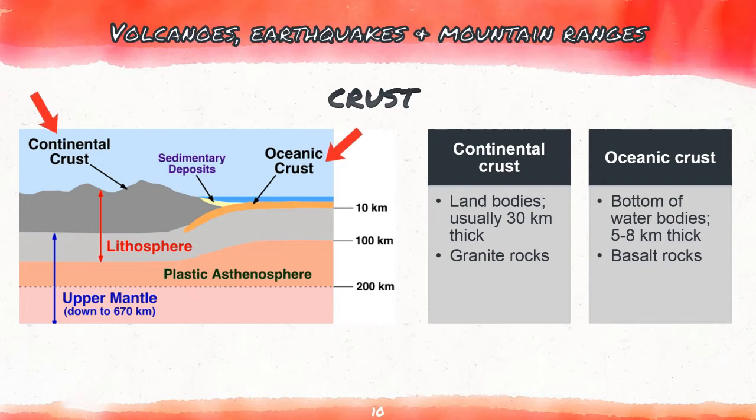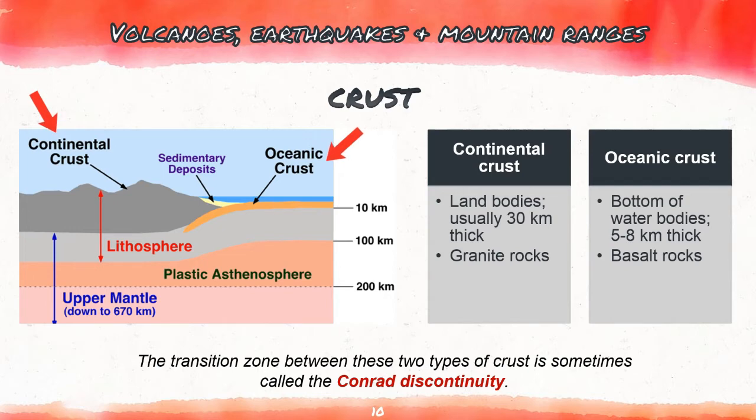On the other hand, the oceanic crust can be found at the bottom of water bodies, which is approximately 5 to 8 kilometers thick. These are composed of basalt rocks. And did you know that the transition zone between these two types of crust is sometimes called the Conrad discontinuity?